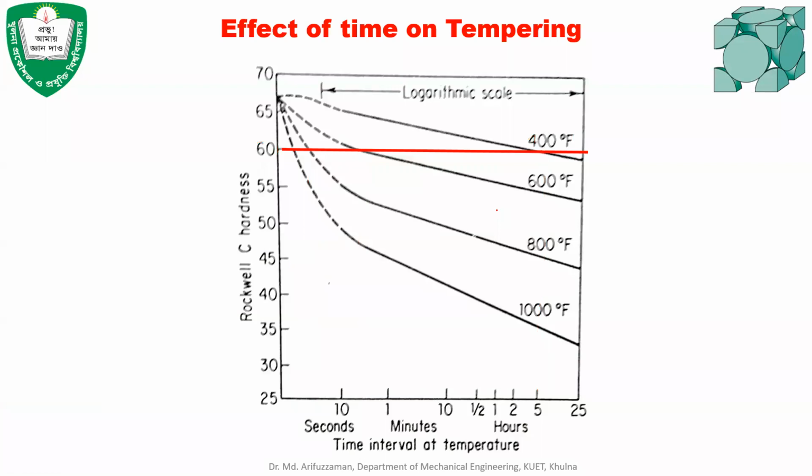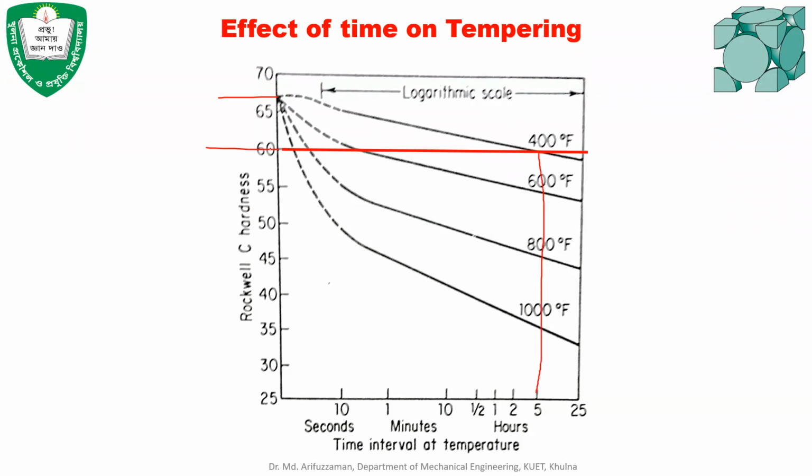So let's say these curves actually show that you have obtained a martensitic structure here, and then you want to decrease the hardness to 60. You want to decrease the hardness from 67 to 60. Then how can you do that? You can heat the steel at 400 degrees Fahrenheit and keep it at 400 degrees Fahrenheit for 5 hours.